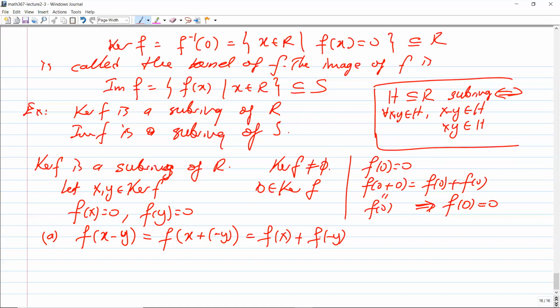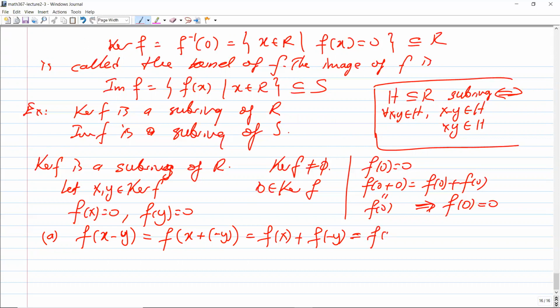And since f is a group homomorphism from R to S, if you just consider the addition, it is a group homomorphism, so that this minus sign goes out.